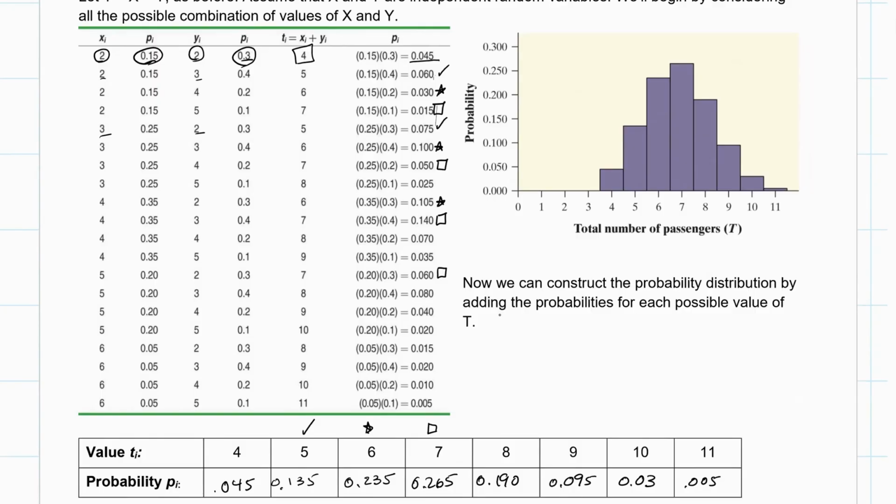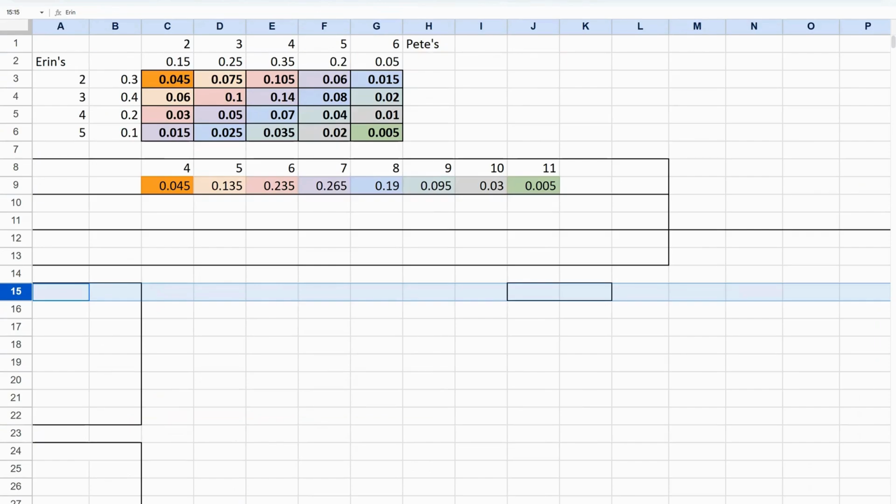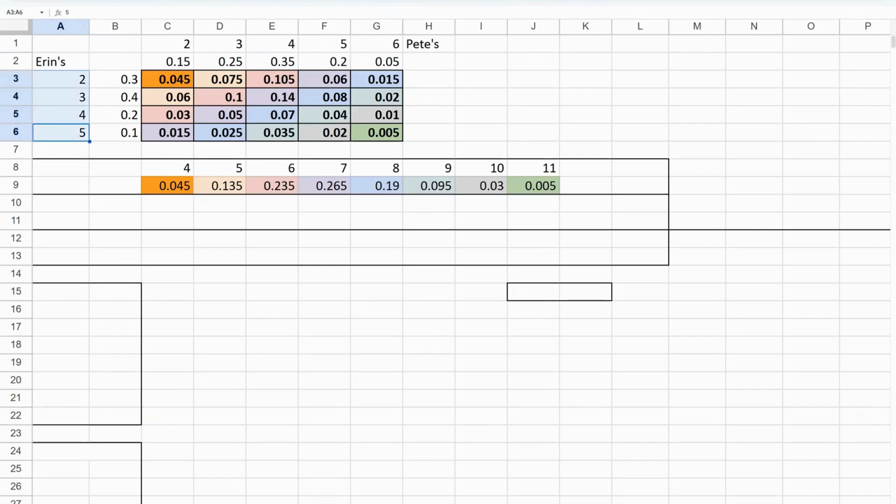I have a slightly different variation of this in the spreadsheet that I was working on. And it looks something like this. It says, here's Aaron's outcomes, here's Pete's outcomes, and 2 and 2 happen at this intersection, and I find that value by multiplying those two probabilities together and putting them in the orange.